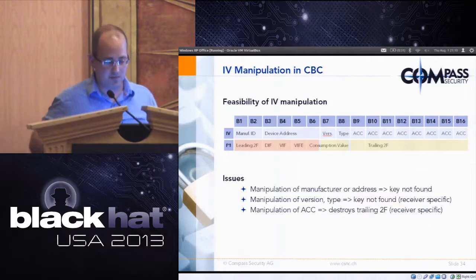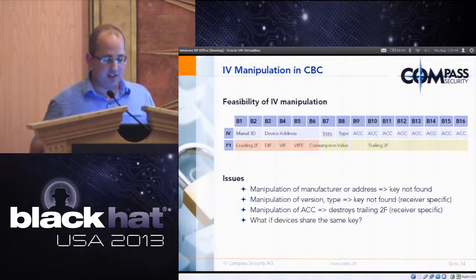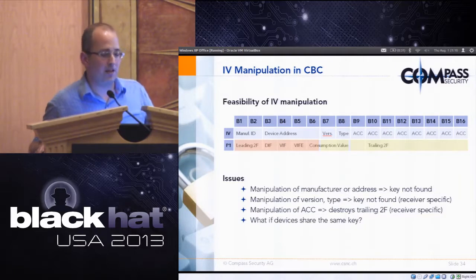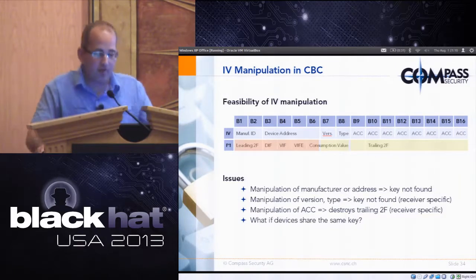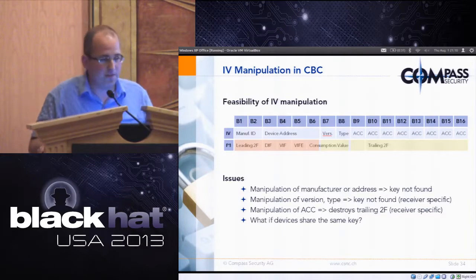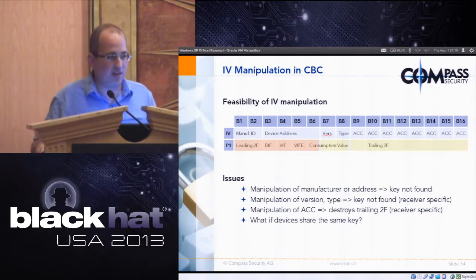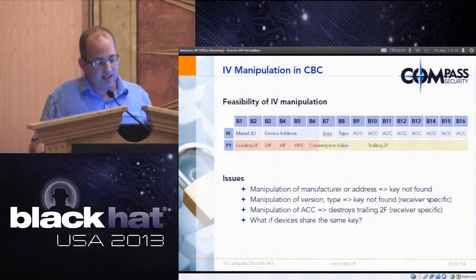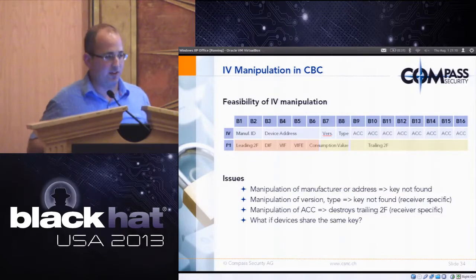So some take care of it, some don't. There's an interesting question: if you have multiple meters using the same key, then you could manipulate part of the manufacturer ID and the device address. I would say normally you would have the same key on the same manufacturer's devices, so you could only manipulate the device address, and there must be a meter which has the same address at exactly the position you want to manipulate. So this is very unlikely, but it could be an option, a theoretical one.